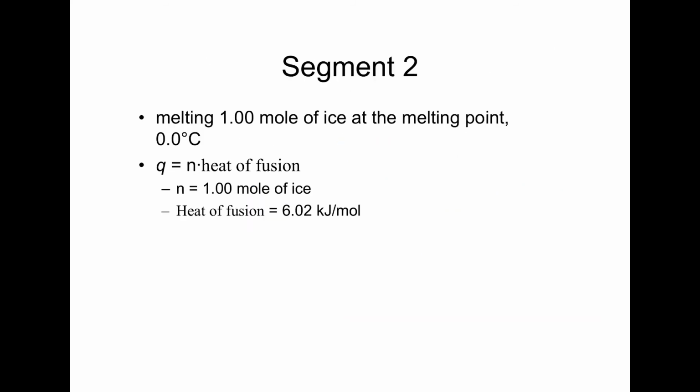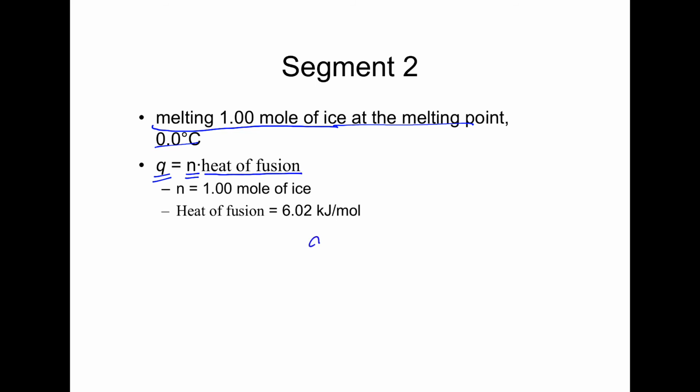Okay, so now I want to do segment 2, which is melting the mole of ice at its melting point. So that would be 0 degrees for water. The way that we calculate the energy there is we say that the energy is equal to the number of moles times the heat of fusion.